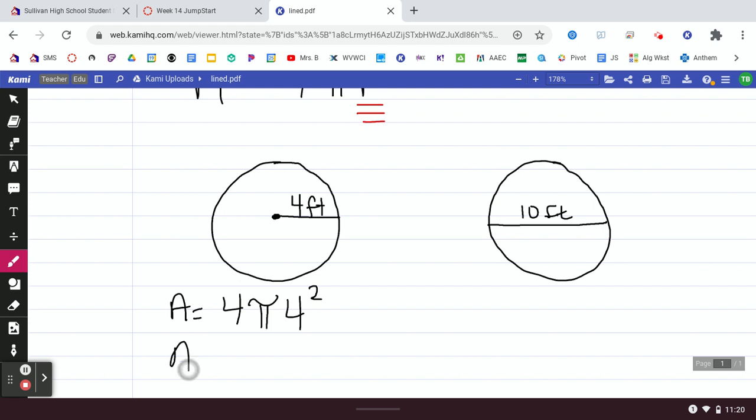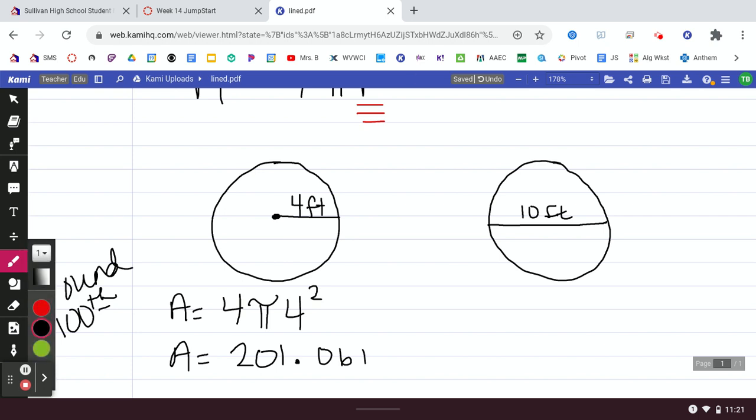But all we need, because our assignment says round to the hundredth, is 201.06, and then the next decimal is a 1. I'm going to round to the hundredth, and this is the hundredth right here.